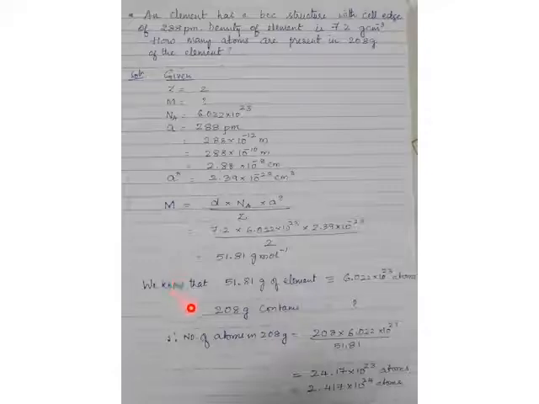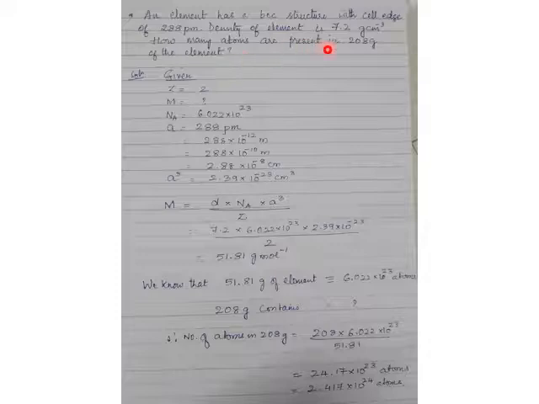In the same way, that 1 mole will be equal to atomic mass of an element or molecular mass of a molecule, or simply molar mass of a species, which always contains Avogadro number of particles. That relationship will apply here. We got the molar mass as 51.81 gram. So we know that 51.81 gram of element will always contain 6.022 into 10 raised to 23 atoms.